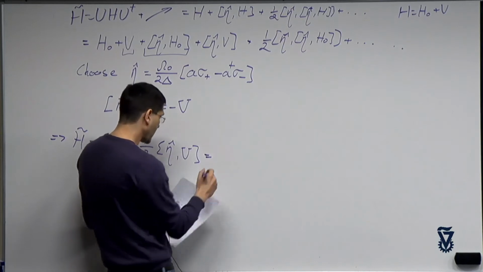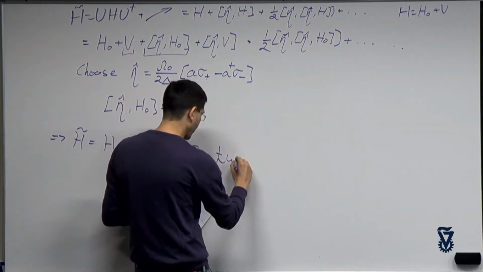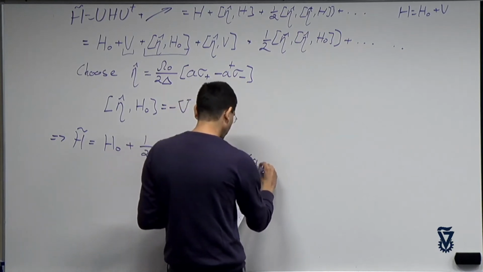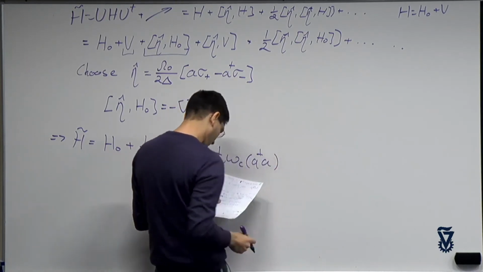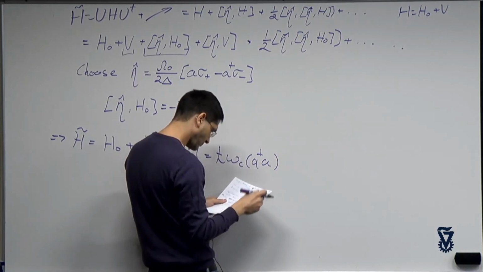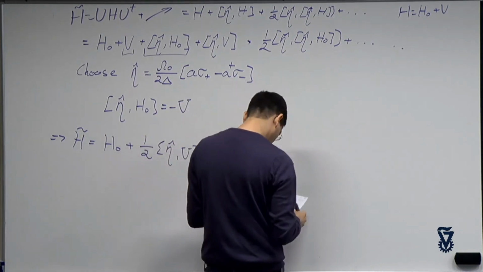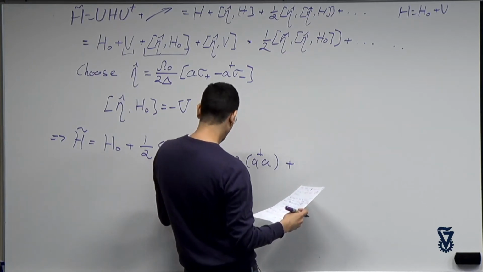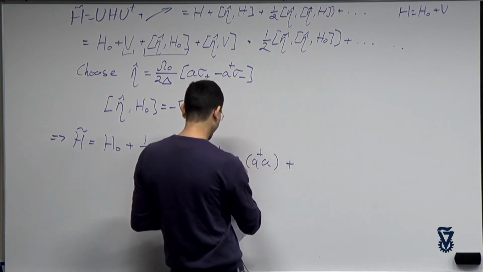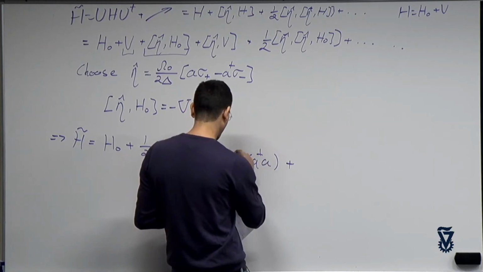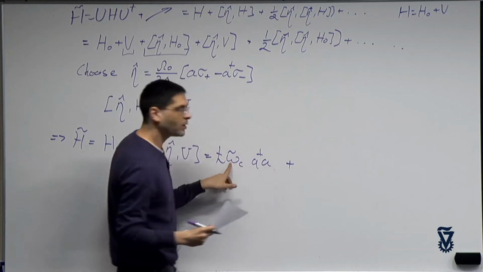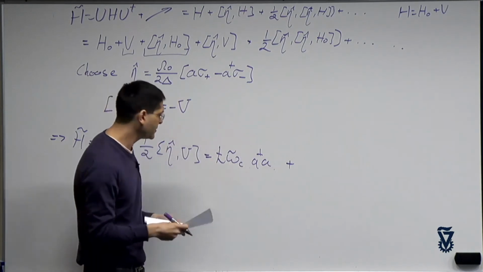And if we do the calculation, then we're left with H bar omega C A dagger A plus, let me write, I'm going to put a tilde over here, and I'll explain in just a moment what this tilde is.